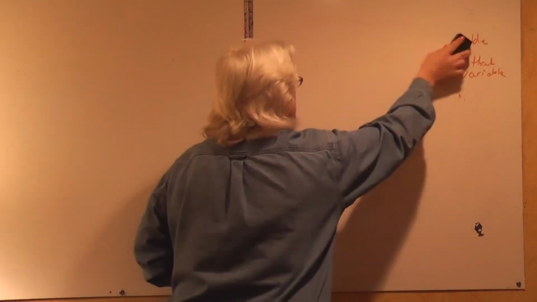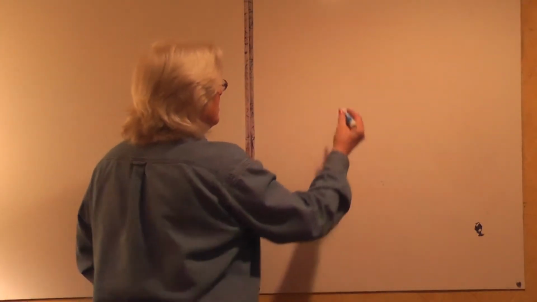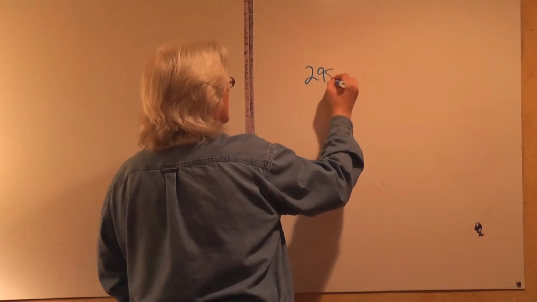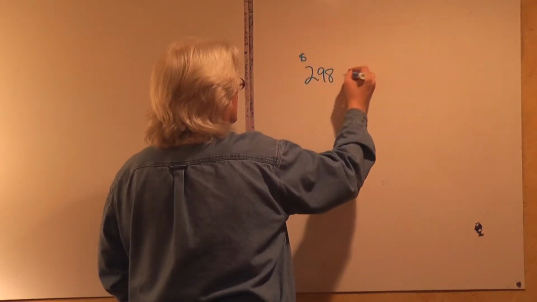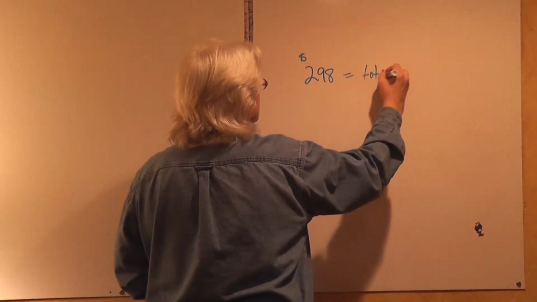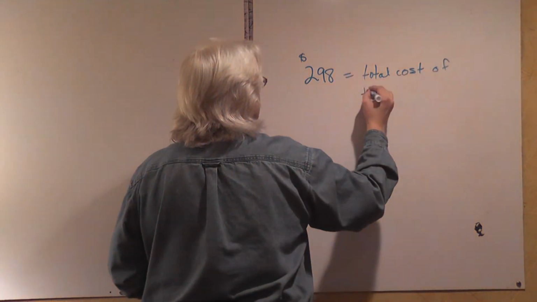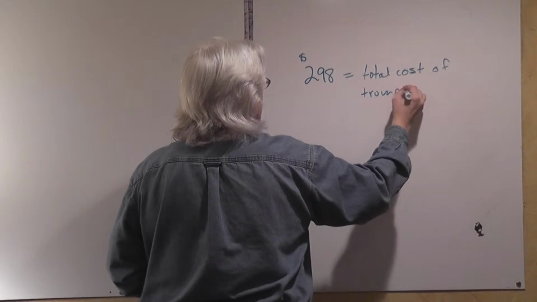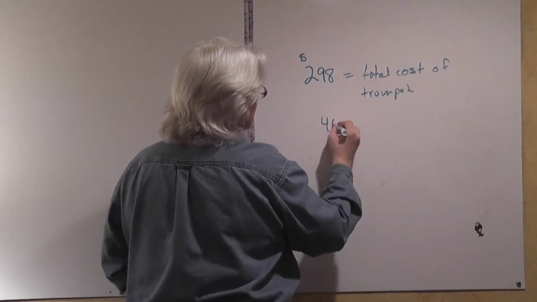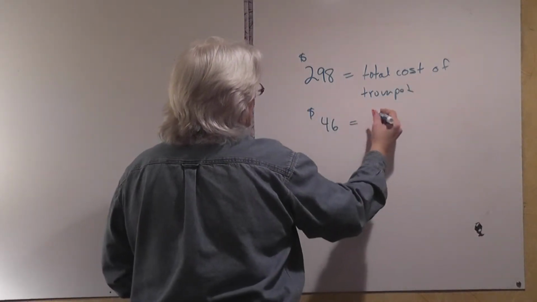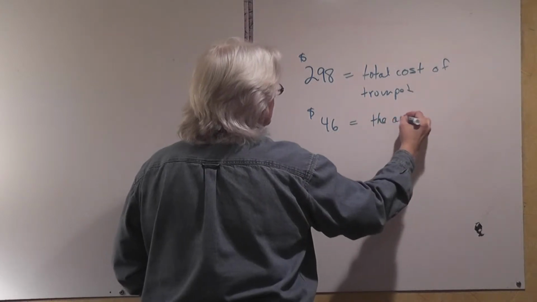So let's see what we want to do for our third step: we have to see what we have as equal. Well, we know that $298 is the total cost of the trumpet, and $46 is the amount of the down payment.